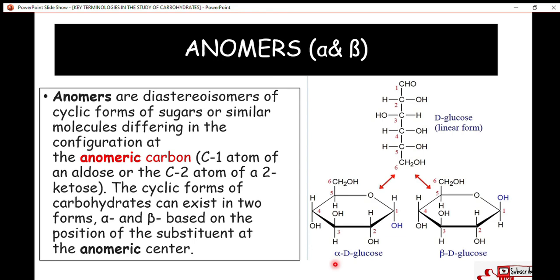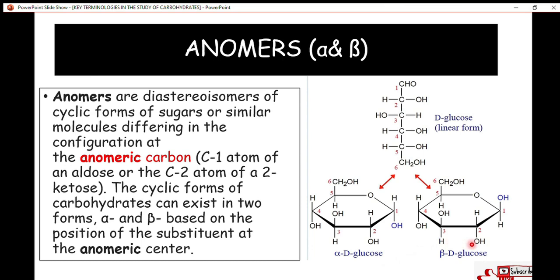And why do we have alpha D-glucose and beta D-glucose? It's due to the position of the hydroxy group, the OH group, at the anomeric carbon. The direction it points determines whether it's alpha or beta. When the hydroxy group is in the opposite direction to this functional group over here, the CH2OH, then we have alpha D-glucose.